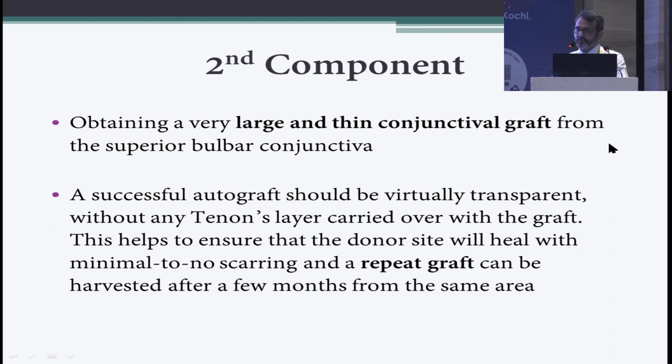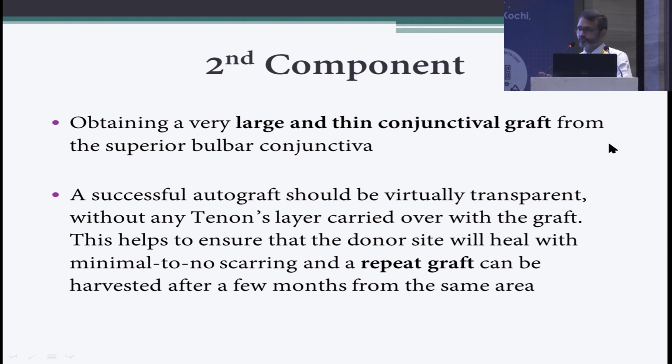Actually, this is very important because we are removing a very large piece of conjunctiva to fill that gap. We will not have sufficient conjunctiva to pull back and again fix it to the limbus, because a large area of conjunctiva is removed. So we have to be extremely careful in removing that so that it reepithelializes on its own without pulling the conjunctiva and fixing it again to the limbus.